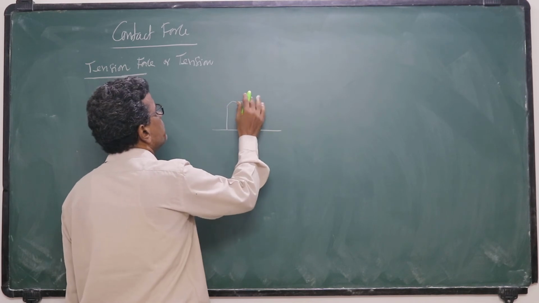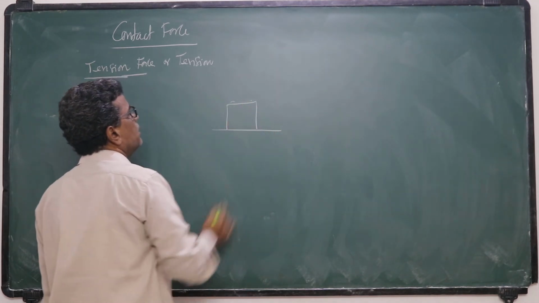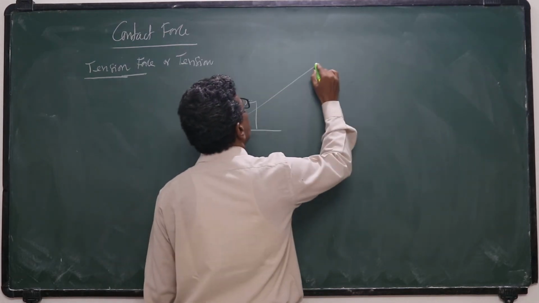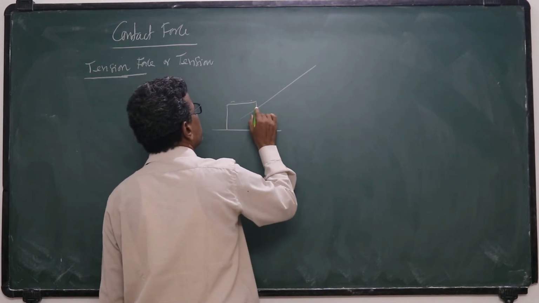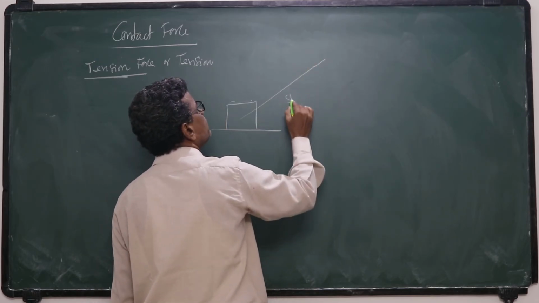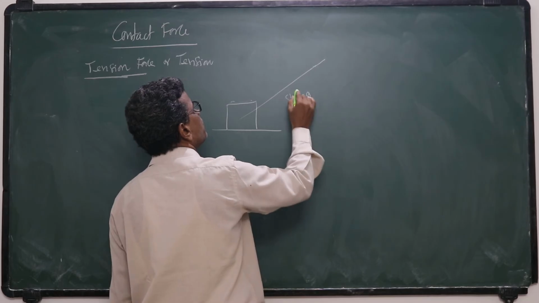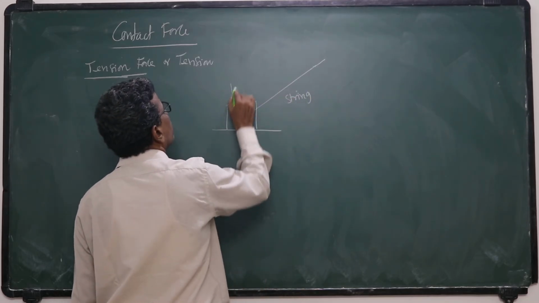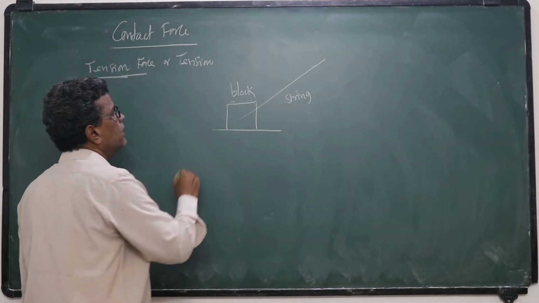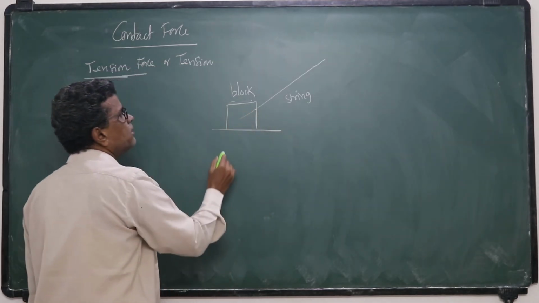Suppose this is an object, connected with the help of a string. Here it is tight. What is this? A string. What is this? Block. This is a two object system.